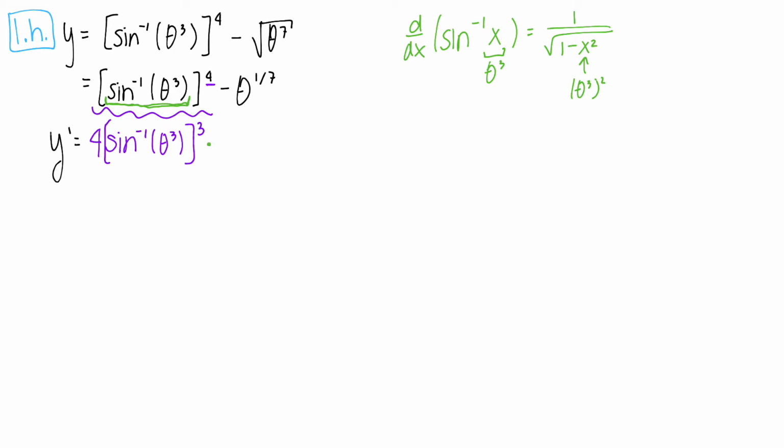So times 1 over the square root of 1 minus theta cubed squared. And then it's the derivative of the most inside, the theta cubed part. The derivative of theta cubed would be 3 theta squared. Minus, and then the last part is just 1/7 theta to the negative 6/7.